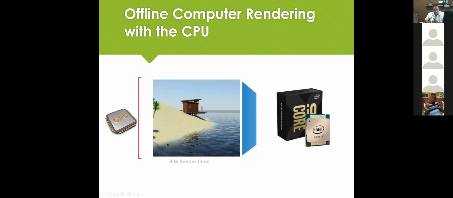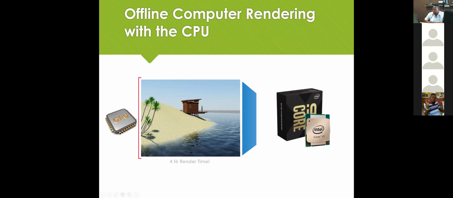Well, in real-time rendering, whereas this takes 4 hours to render this one frame, using the GPU will take approximately 1 millisecond to render this one frame. You guys follow me? So that is faster than you can blink your eye.